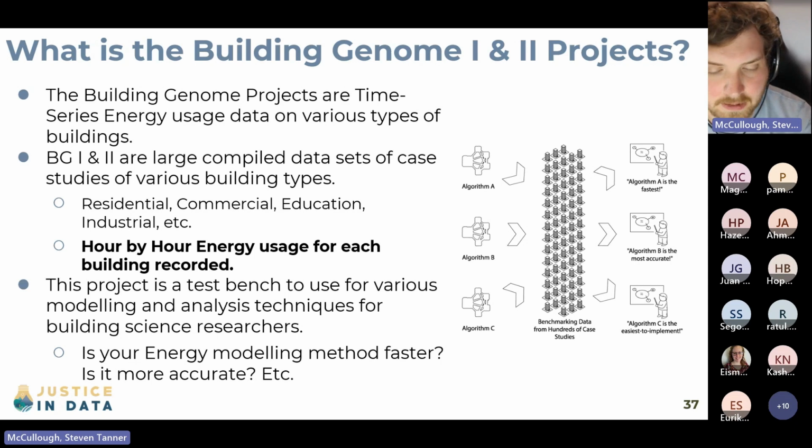It's also worth noting that this area of research in the building domain is still fairly young. This is the first project of its type to gather all of this information in one spot. And what makes this project unique is that this data set doesn't change a whole lot. It is really used to benchmark your methods.